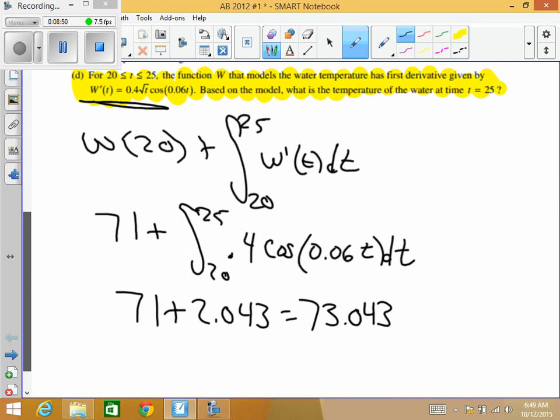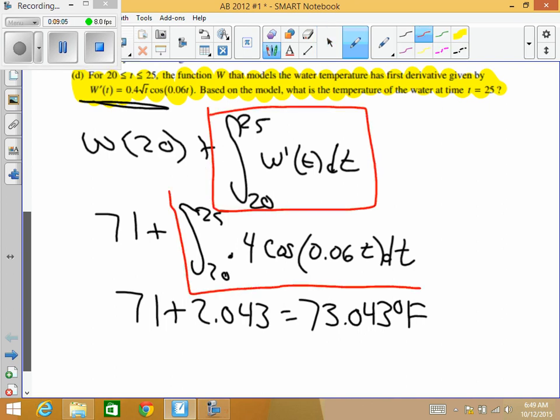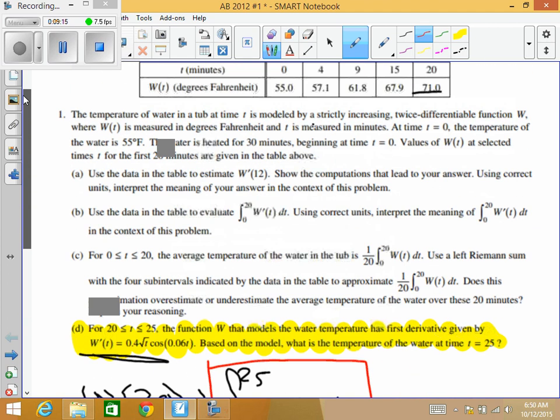And our units are degrees Fahrenheit. Part D was worth 2 points. The first point was for your integral. Had to see that somewhere, or this would be fine. Your second point came from your final answer. That's it for part D. And with that, we are done with 2012.